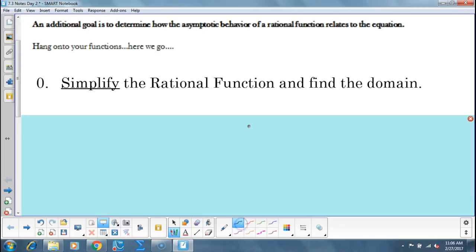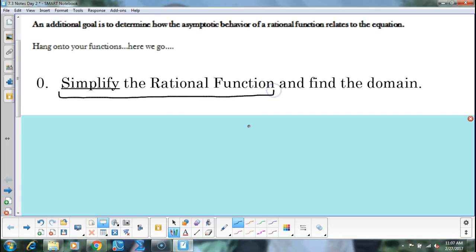Now, by saying simplify the function, that means that you might have to factor the top and or the bottom. So you might have to do some factoring on the top. You might have to do some factoring on the bottom. Finding the domain, then, you are really finding the restrictions.